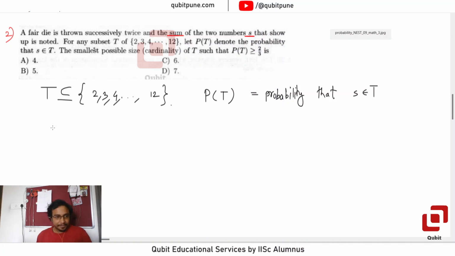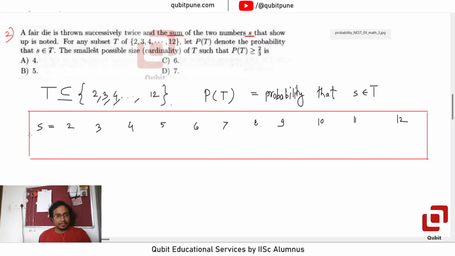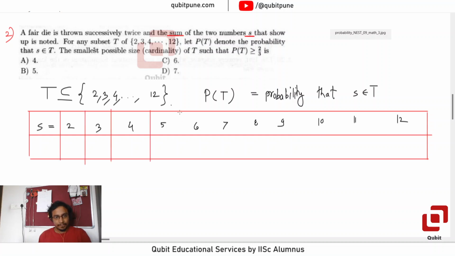Now look here. Suppose we prepare this table. The die is fair, so all outcomes are equally likely.